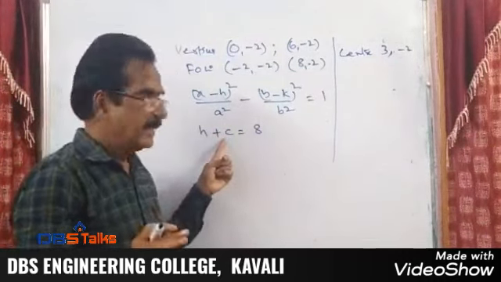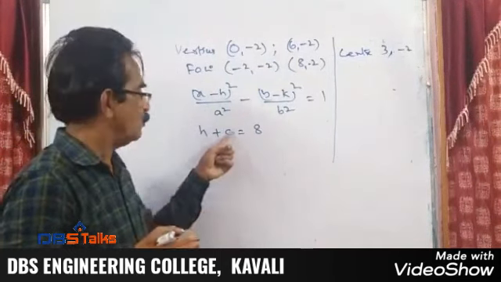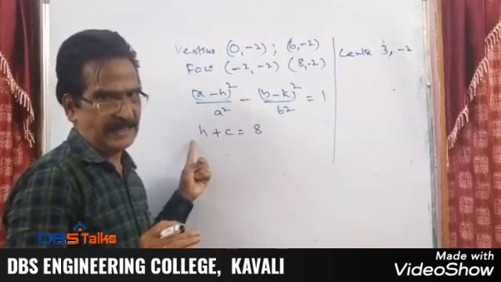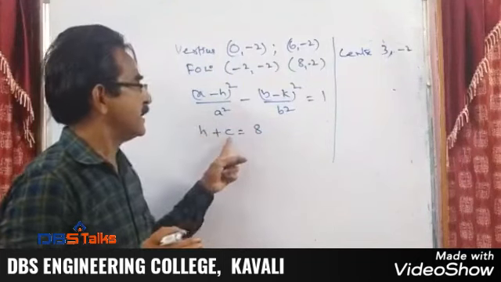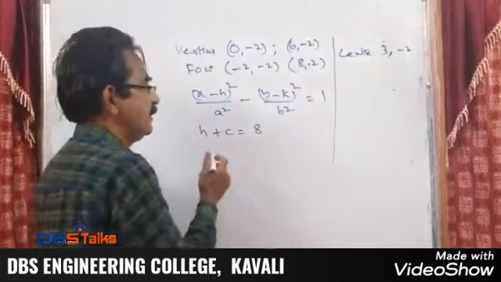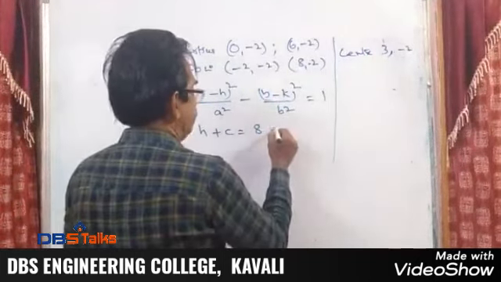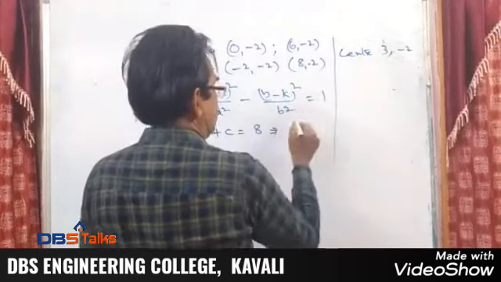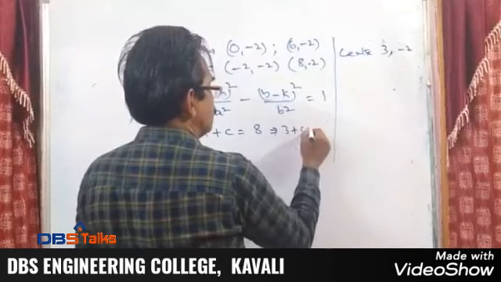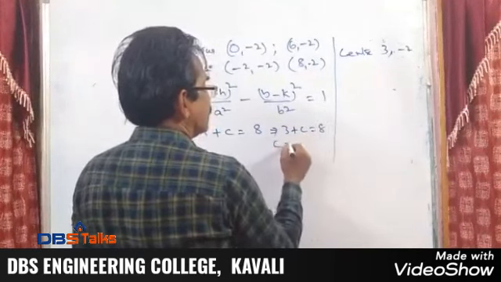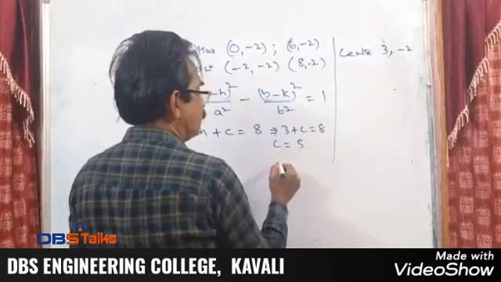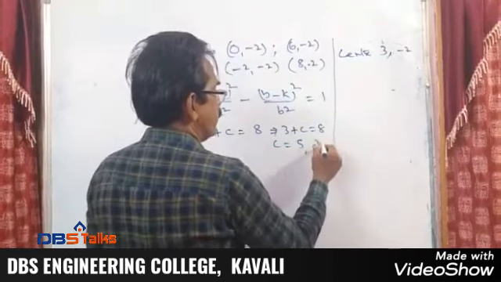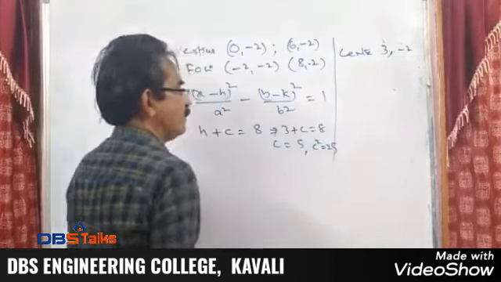We find c and then we add h. So h plus c is equal to 8, h is equal to 3, 3 plus c is equal to 8, and c is equal to 5. c square is equal to 25.